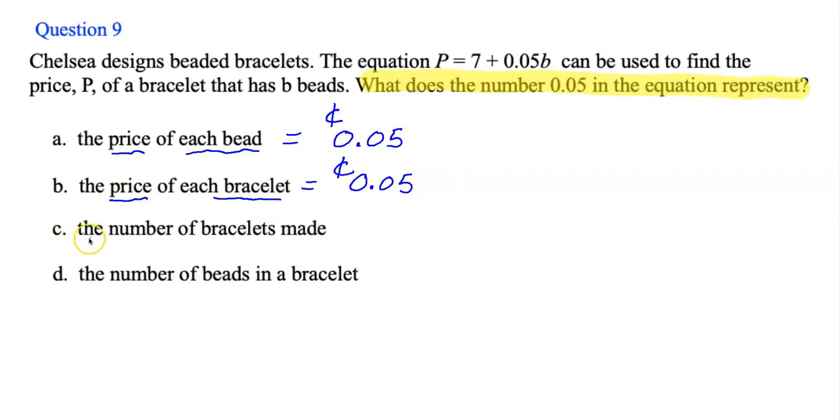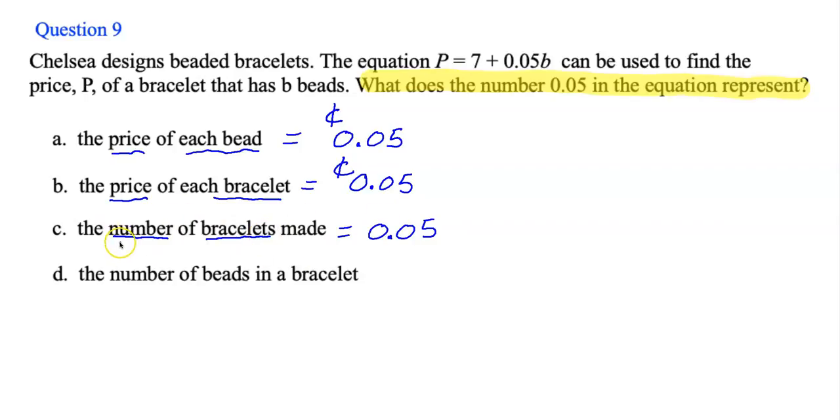Let's look at C. The number of bracelets made equals 0.05. Now I'm not going to put a dollar sign or cent sign next to this because we're no longer talking about price. We're talking about the number of bracelets. Would it make sense to say I made 0.05 bracelets?